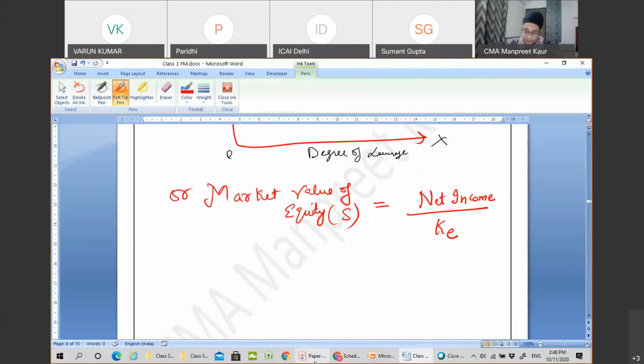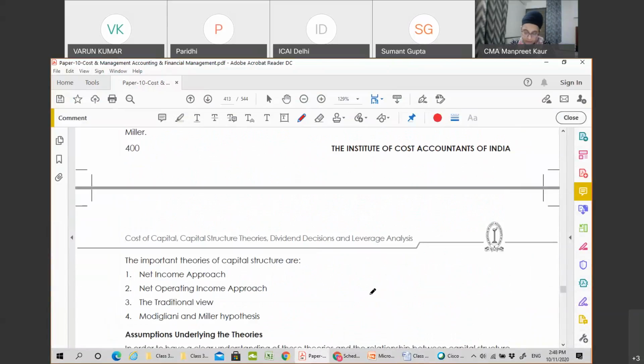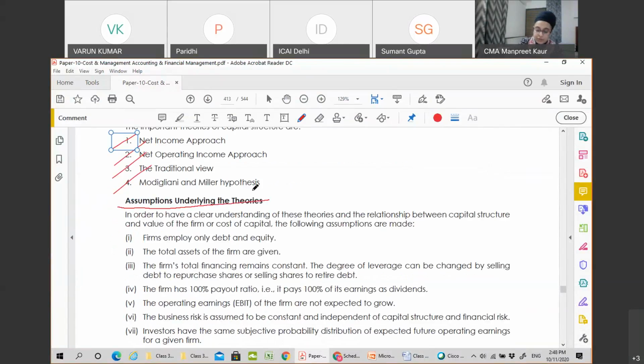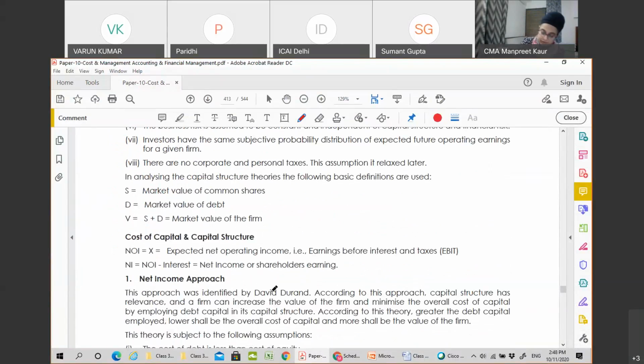In your study module, there are 4 types of approaches: net income, net operating income, traditional, and Modigliani and Miller hypothesis. These are the assumptions that I have already written. These are the basic definitions.